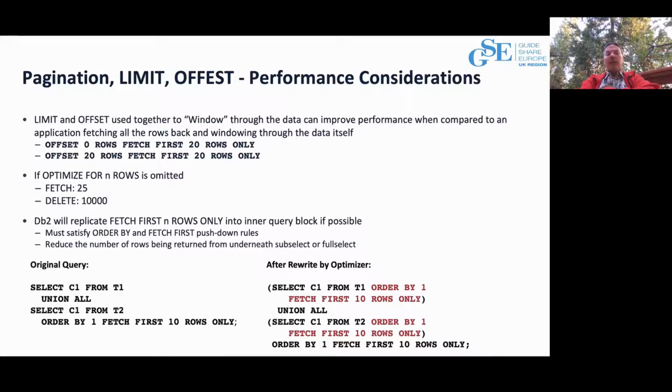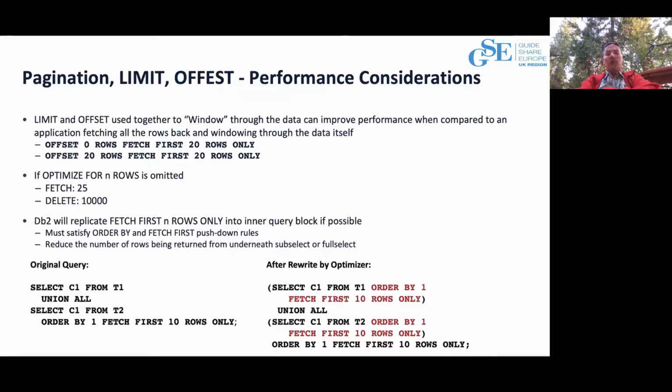If you're doing a delete, they're going to guess that you're doing 10,000 records. So the optimizer is going to say, well, I don't really know how many records this person is going to get with this delete statement, but 10,000 is a reasonable size to issue a commit. So just to let you know what the optimizer is thinking in that space.